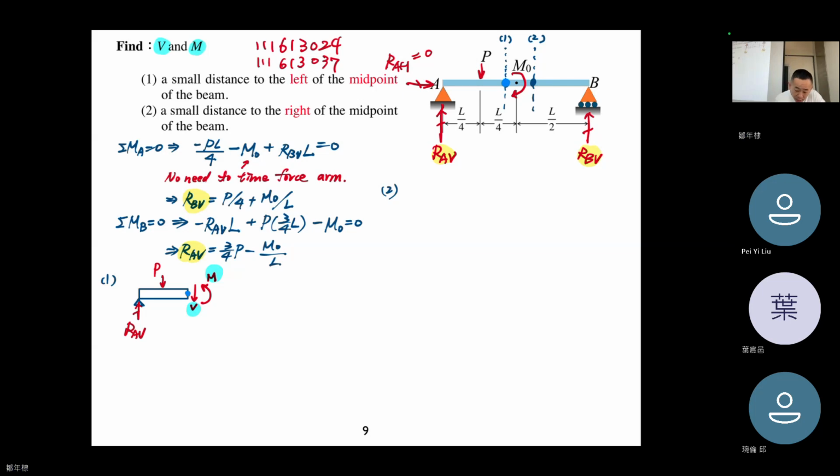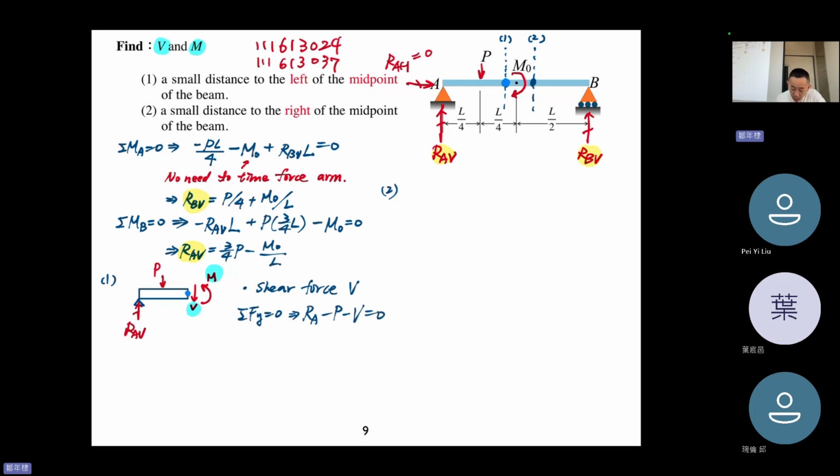Very easy. Shear force V. So sigma Fy equal to 0. So RA minus P minus V equal to 0.